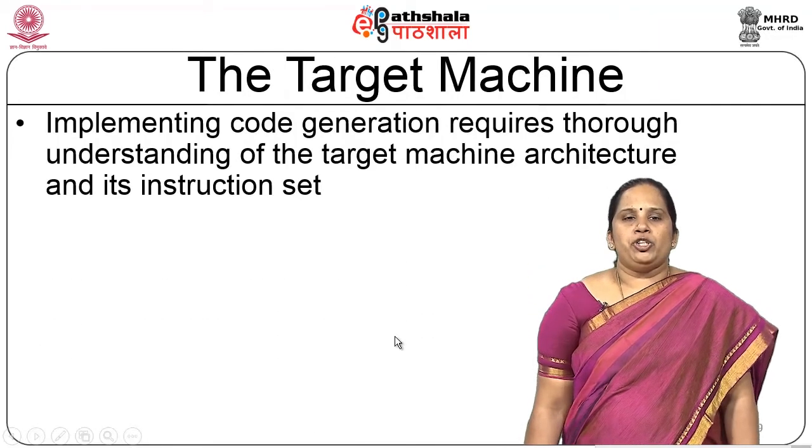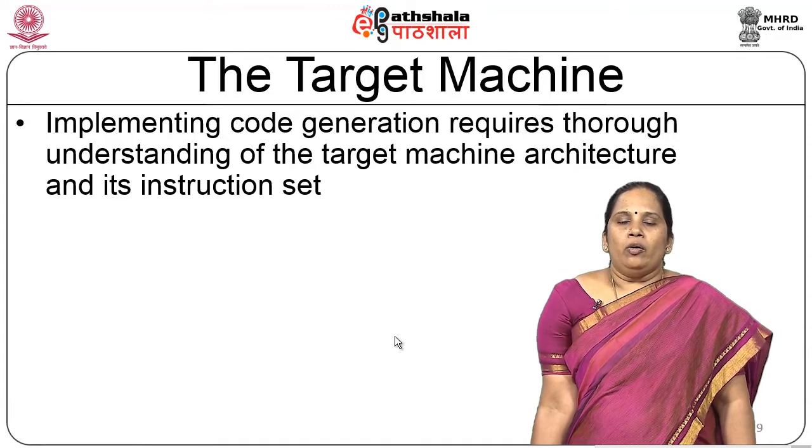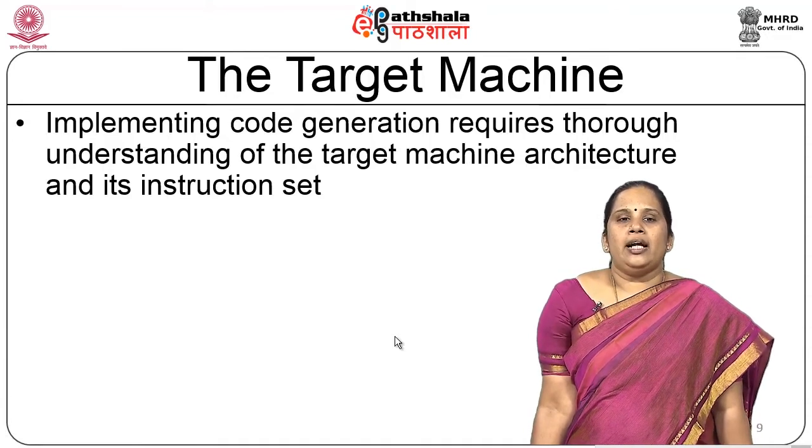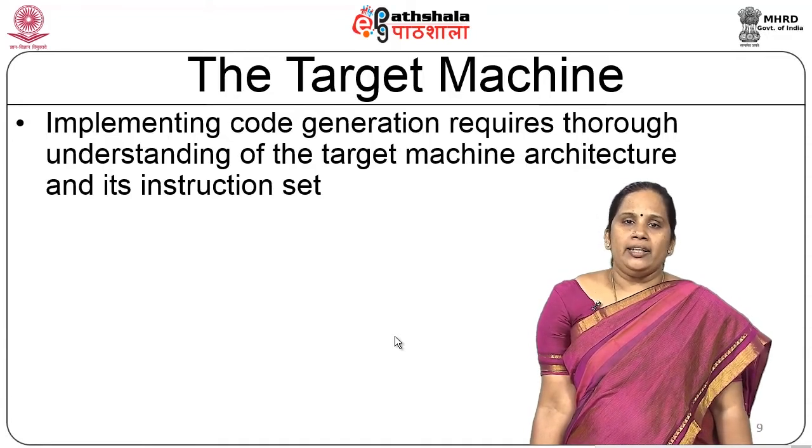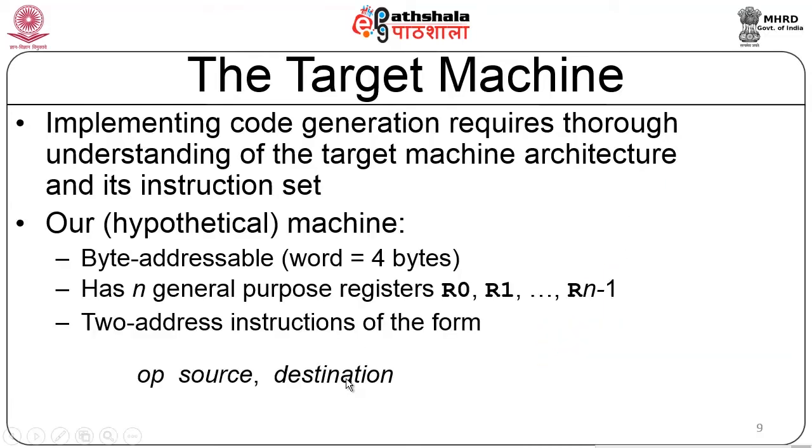And the target machine. Implementing code generation requires a thorough understanding of the target machine architecture and its instruction set. So our hypothetical machine, we are going to consider this as per the textbook by Aho, Sethi, Ullman. It is byte addressable, where the word corresponds to 4 bytes.